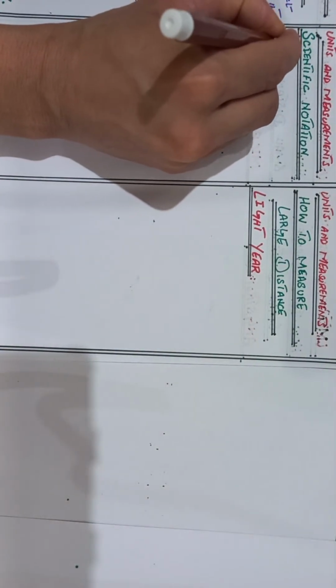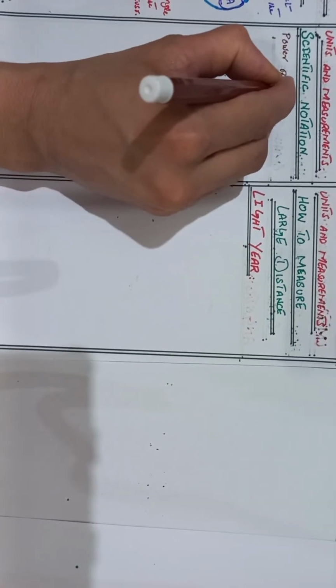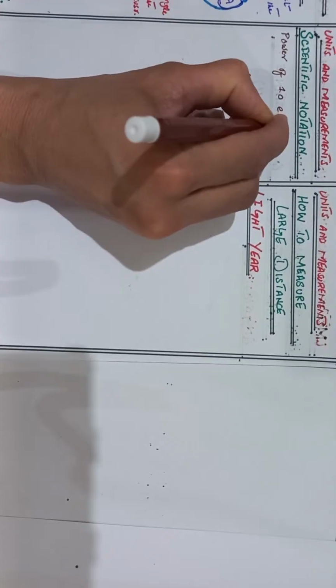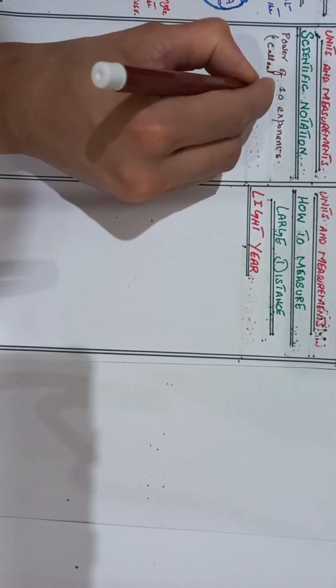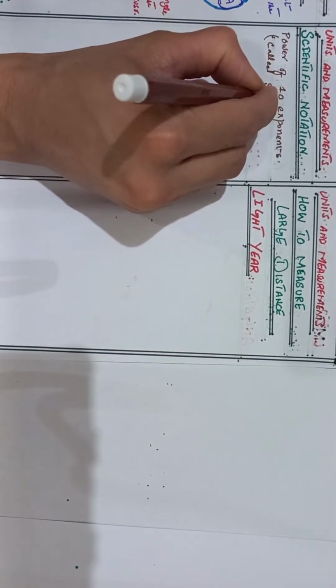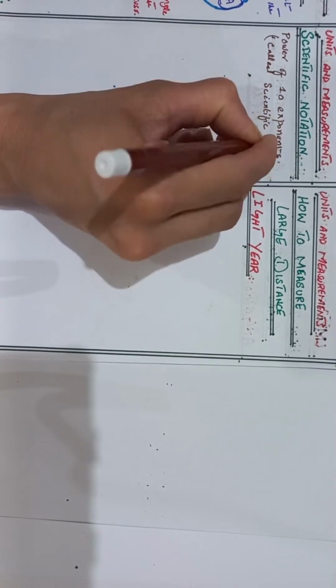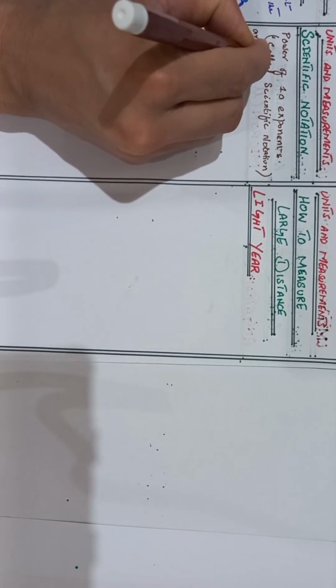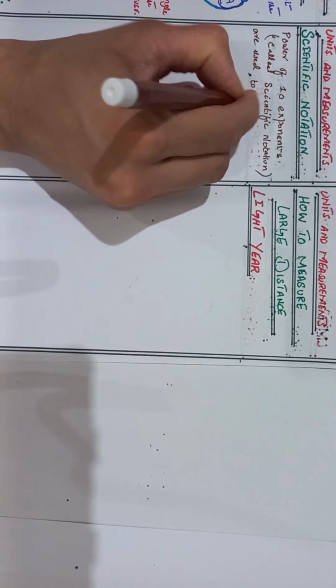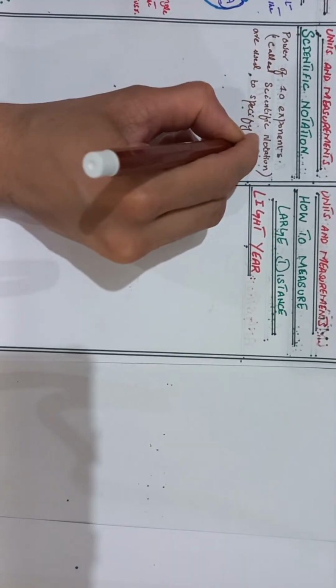If we have a very large amount and we write it in the power of 10 exponent, it is called scientific notation.